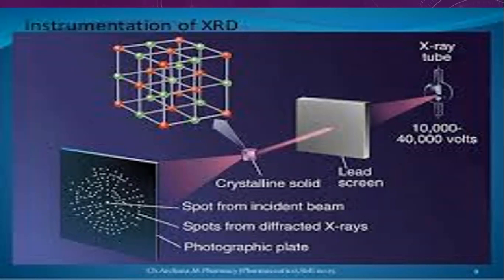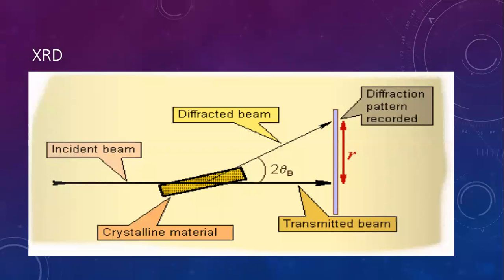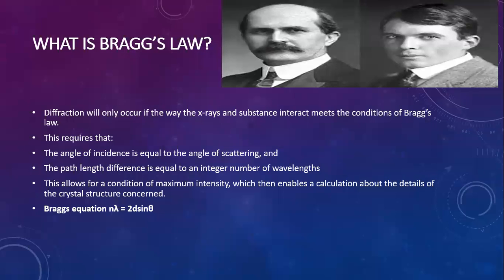In the end, there is a photographic plate on which the spots of the diffracted X-rays can be seen, and also the spots for the incident beam. It's also known as the X-ray diffraction pattern record. Let's come towards Bragg's law.